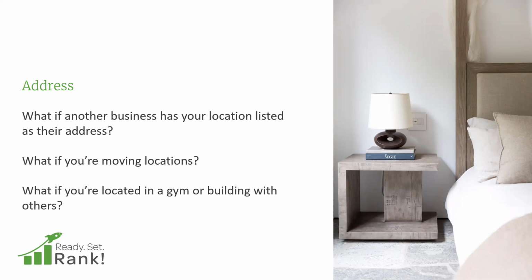So what happens if you are a small chiropractor that's operating out of a larger gym? Well, you should still have access to use the address because, one, you have a separate phone number and you have a separate business tax ID number.